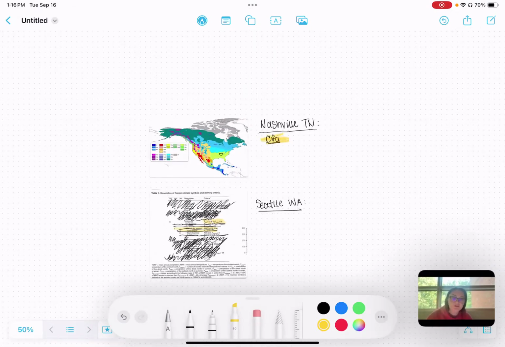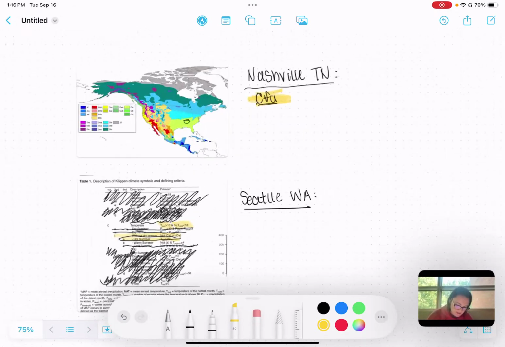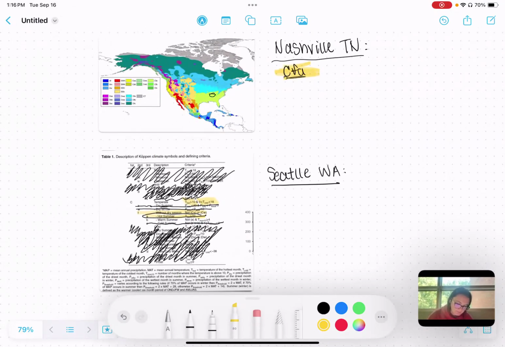So that is how you manually do it by hand for Nashville, Tennessee. Hopefully you were able to follow. I really recommend trying to eliminate at least one or two so you don't have to do all of them. It takes a little bit more time, but it helps in case you don't know anything about the place.